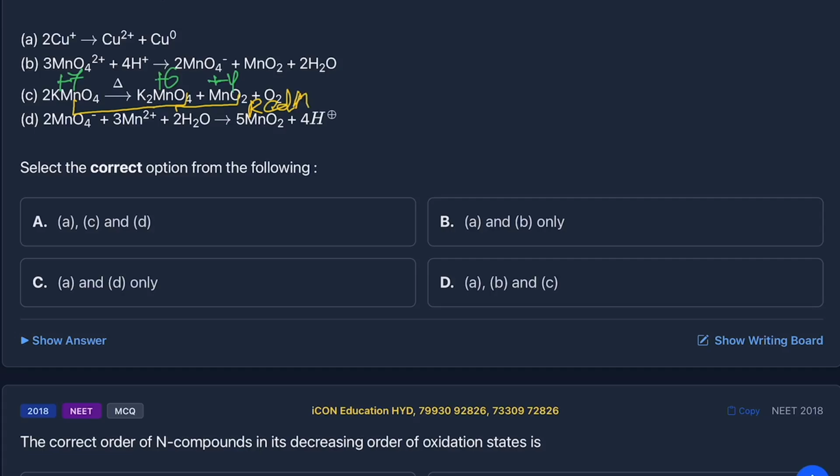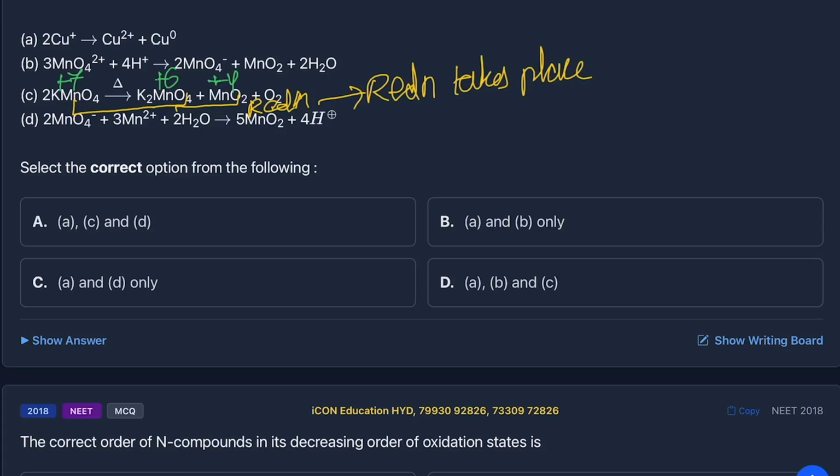There is no increase in the oxidation state from reactants to products. +7 is not going to +8 or +9, just reduction takes place here. So this is not a disproportionation reaction.